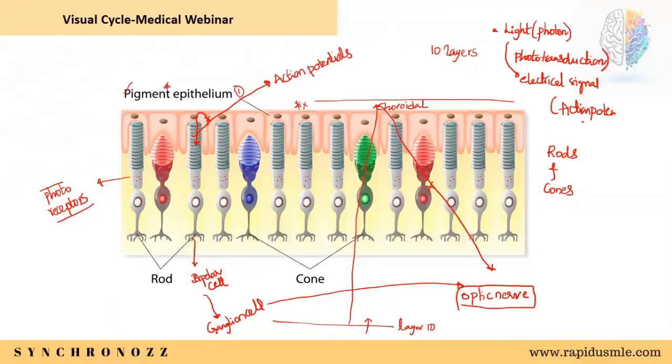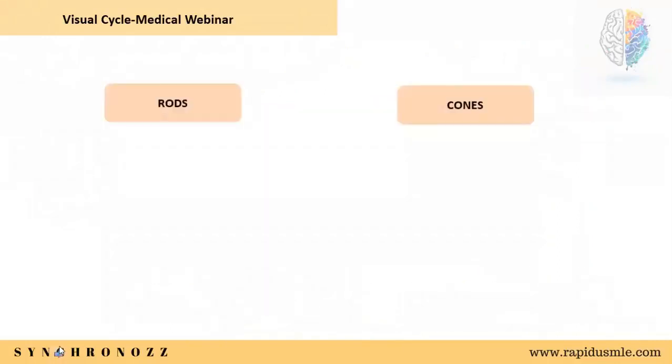So as I told you, when the light starting from the RPE goes to the ganglion cell layer, these photoreceptors, also known as rods and cones, form a very important layer which actually does this function. So what is the main function of photoreceptors? It is phototransduction.